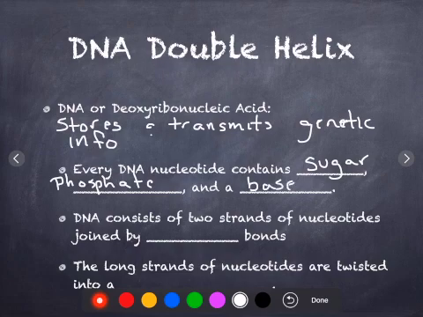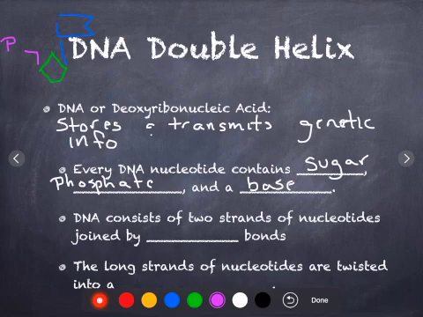So this is what the three parts look like. Now, this sugar molecule, we usually draw in a hexagon, but we have our sugar, we have our nitrogenous base, and we also have our phosphate. So that's kind of the basic structure we see there of our DNA molecule.